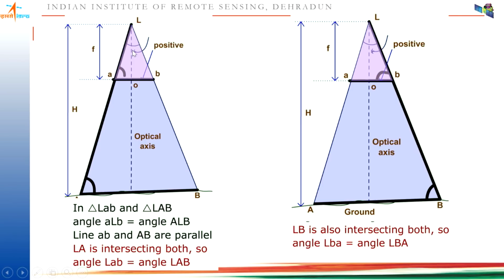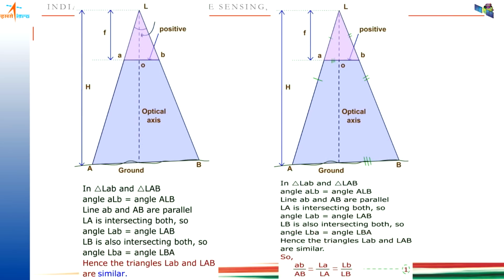Okay, so if all the three angles of the triangle are equal, this makes the triangles similar triangles. Okay, so this small pink triangle and the large blue triangle, these two triangles are similar triangles.